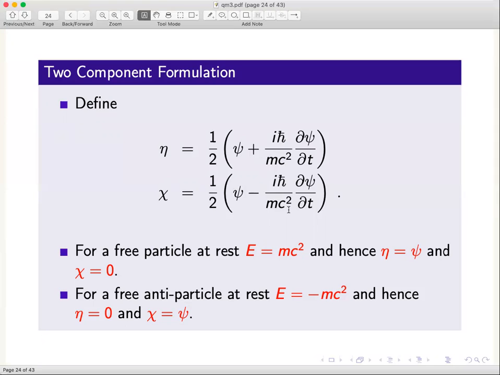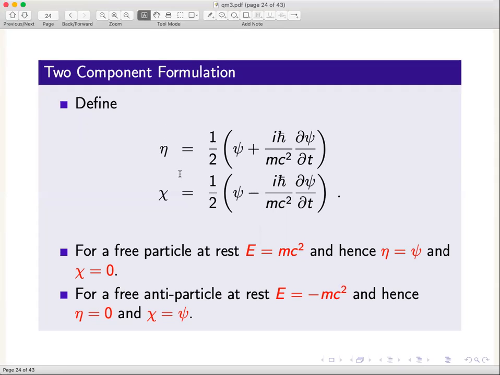Therefore if E is equal to mc squared, that is the case when the particle is free and at rest, then E by mc squared is just 1, and eta is equal to psi, and this term would just cancel out. So this is what we would call a particle-like state.